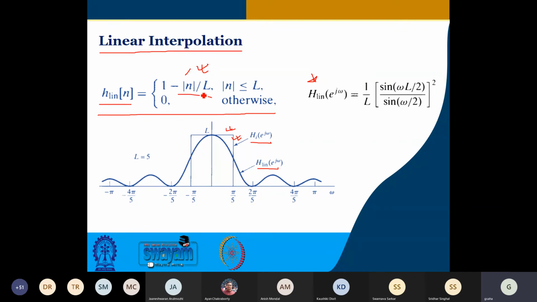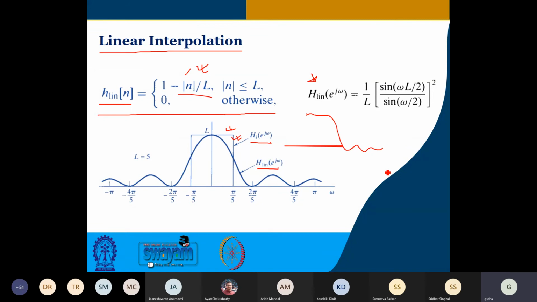The coefficients are easily determined, and intuitively, the further the sample, the less weightage you give it for the current sample. This is one way of doing it, but you can have other kinds of low pass filter that we already know, that we have designed.